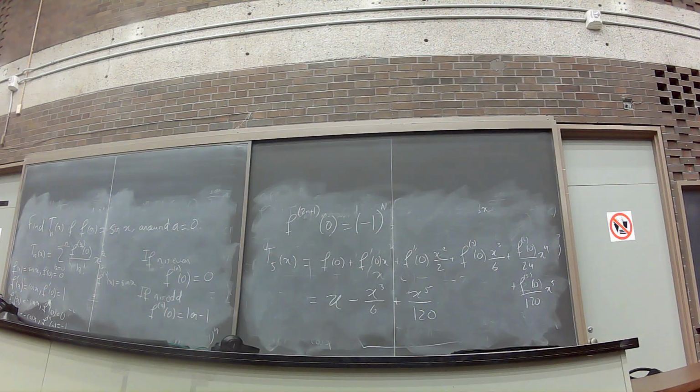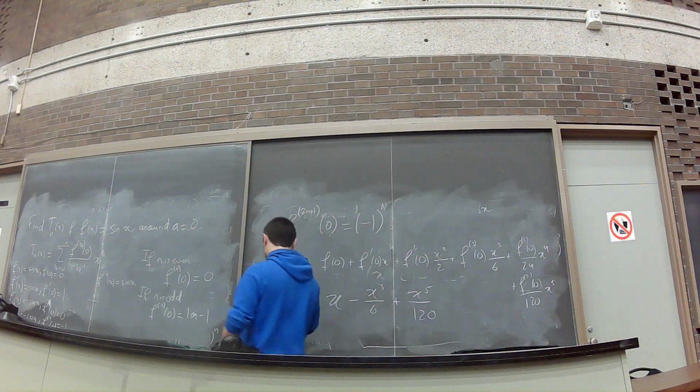Now, if I tell you what's the degree 6 polynomial, what's T6 in that case? T6 is the whole thing. What is T6? It's the same, right? Because at 6, the sixth derivative at 0 is also 0, right? So T5 is equal to T6.